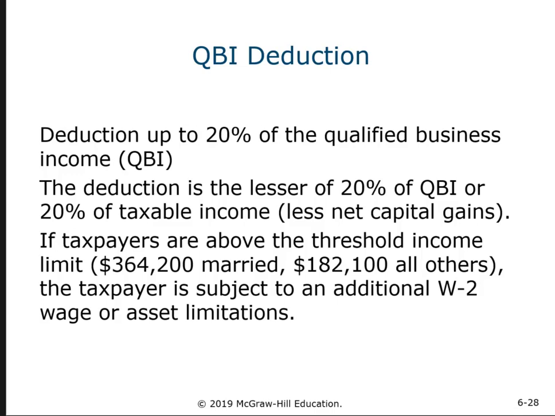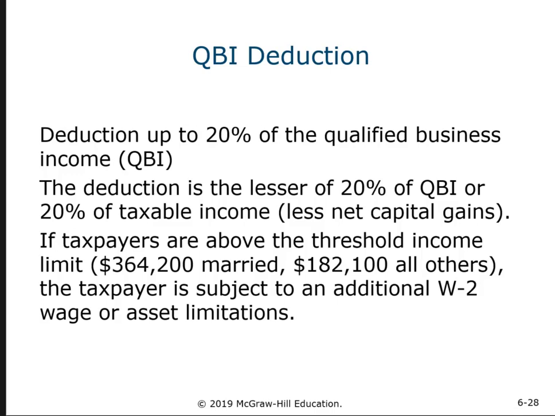Basically, it doesn't matter what your business is, doesn't matter a lot of the things that you put into your business until you reach the thresholds listed on that third paragraph. Okay. Once you get to 364,000, that's pretty high, 182 for everyone else. Okay. Then other restrictions start to come into play, meaning certain businesses don't get to take it, or it phases out if their income is this high.